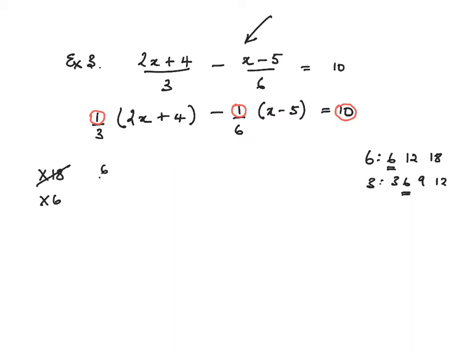So that gives us 6 over 3. Six over 6. 6 times 10 is 60. Now simplifying, 6 over 3 is 2.